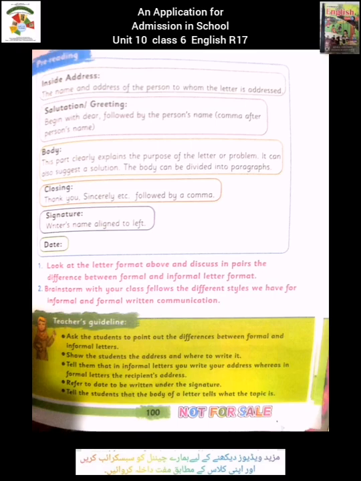There is quite a clear difference between the two. So in order to make you understand what is an application and how it is written, first you have to revise what is a letter and how the letter is written and what are the components that are included in the letter.